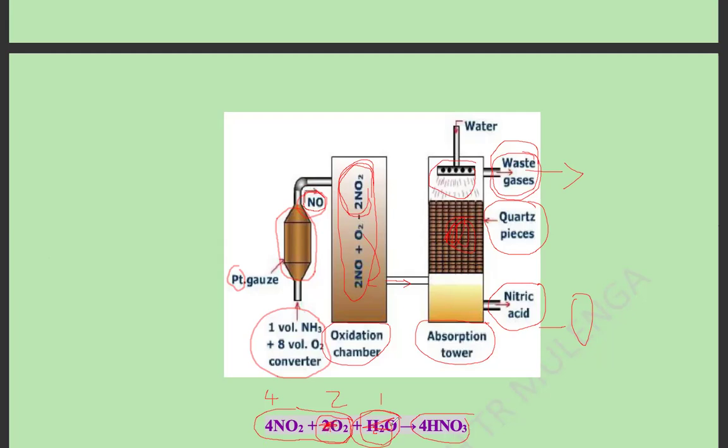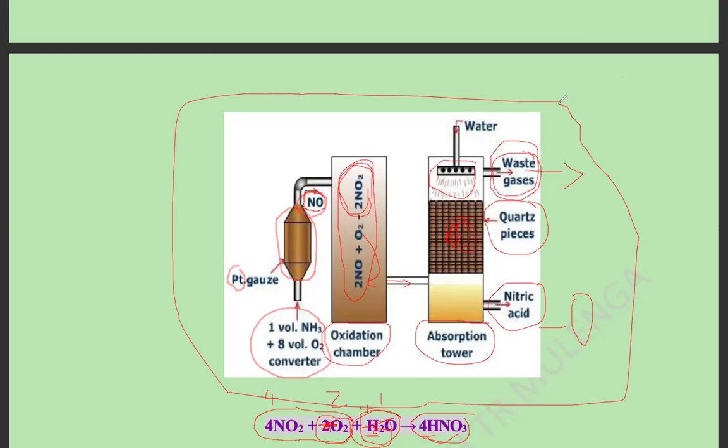The reaction is not balanced, because we have 2 of oxygen and 4 of oxygen, and 2 of nitrogen and 4 of nitrogen. We'll do the balancing later. So this is the overall diagram showing the Ostwald process, which happens in 3 steps.